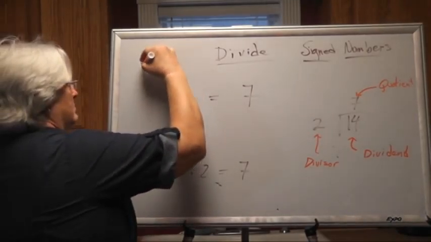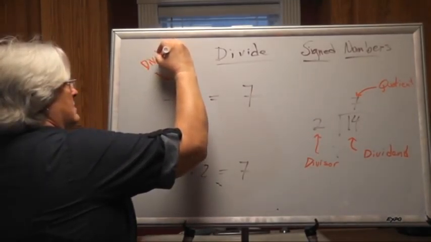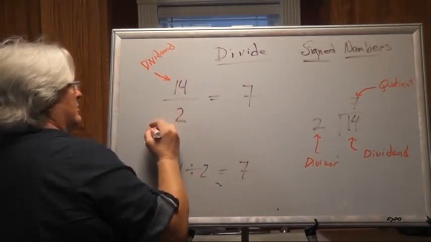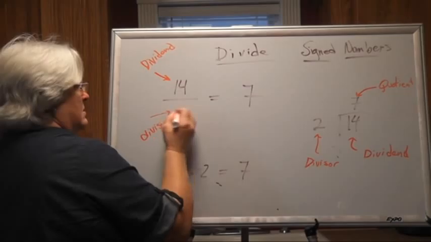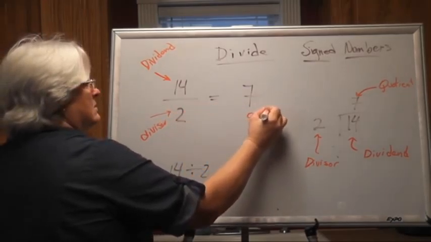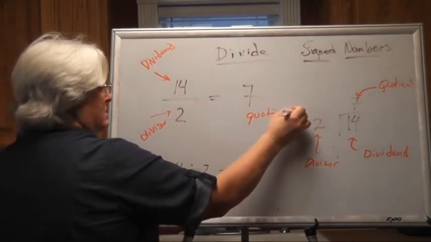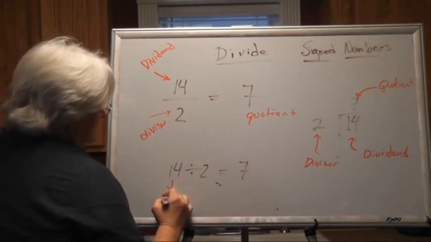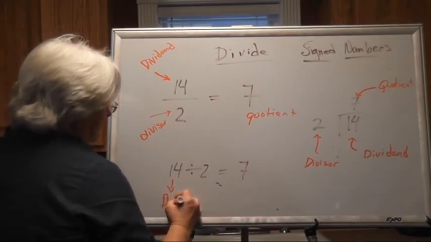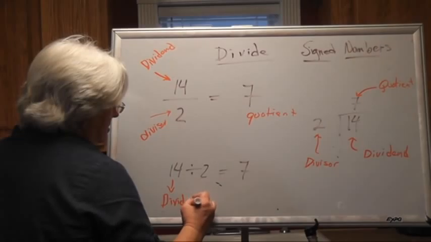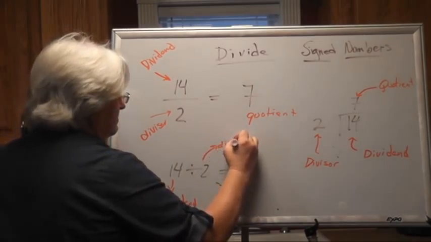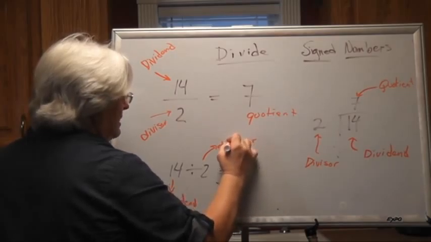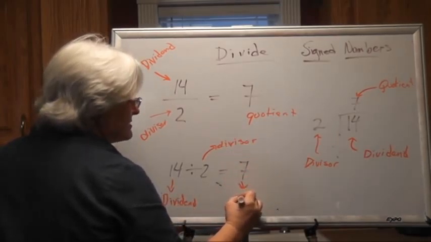Dividend. Divisor. Quotient. One last time. Dividend. Divisor. And finally quotient.